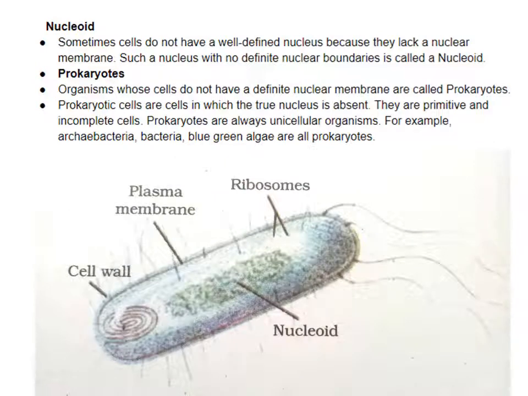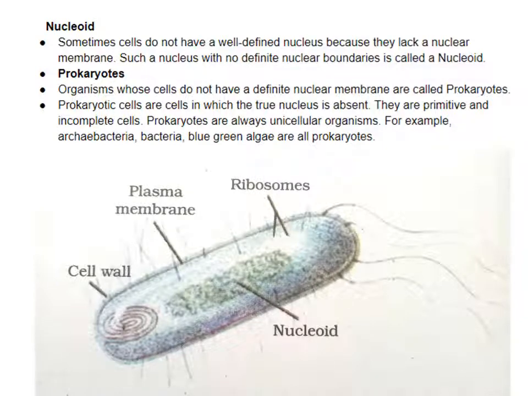Let's talk about the nucleoid. This is a new term for you. Nucleoid basically refers to cells that do not have a well-defined nucleus because they lack a nuclear membrane. Such a nucleus with no definite nuclear boundaries is called a nucleoid, and the cells which contain a nucleoid instead of a nucleus are called prokaryotic cells, and the organisms whose cells do not have a definite nuclear membrane are called prokaryotes.